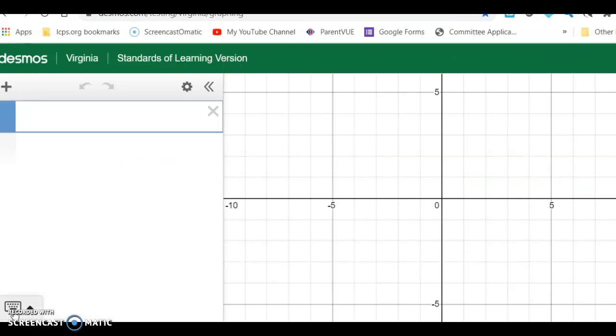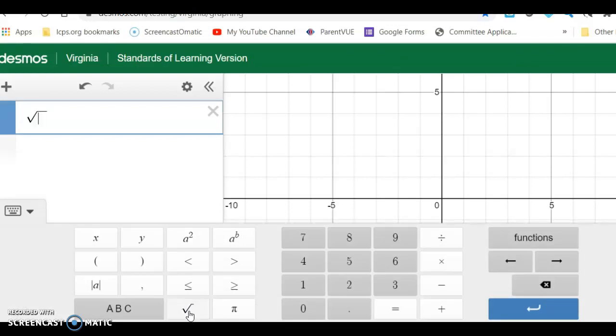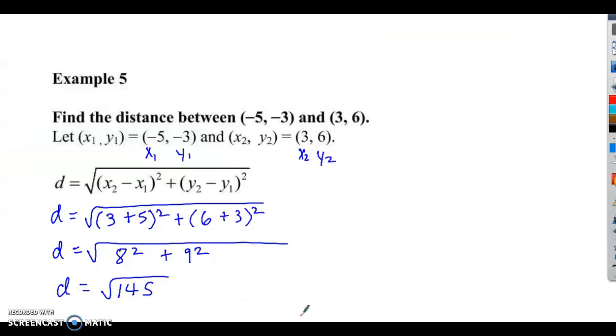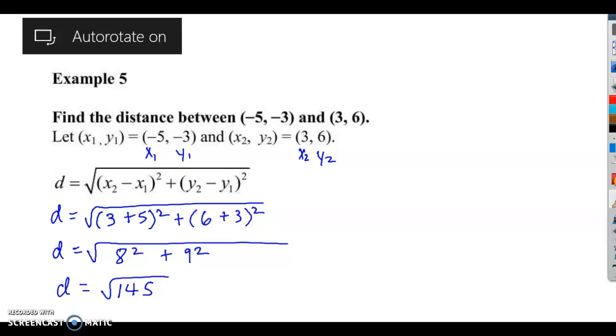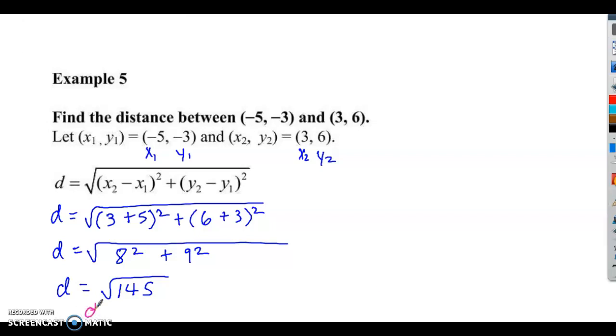So then you just type in, you guys used this last year, so you probably are comfortable with it. Square root of 145. Okay, and it's approximately, because we're going to have to round that. We're not going to write out all those decimals. D is approximately 12.04.